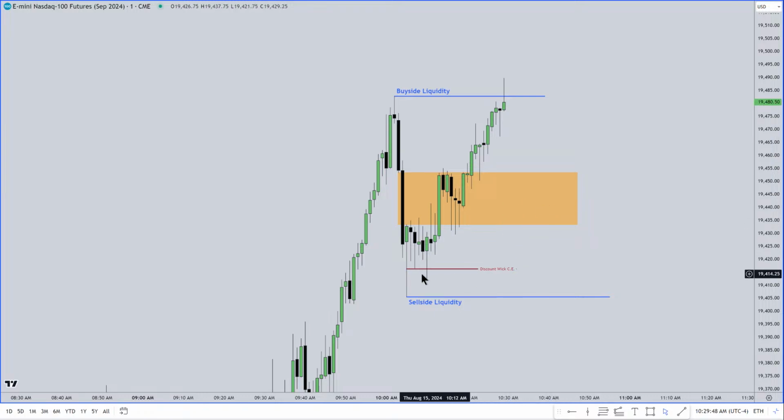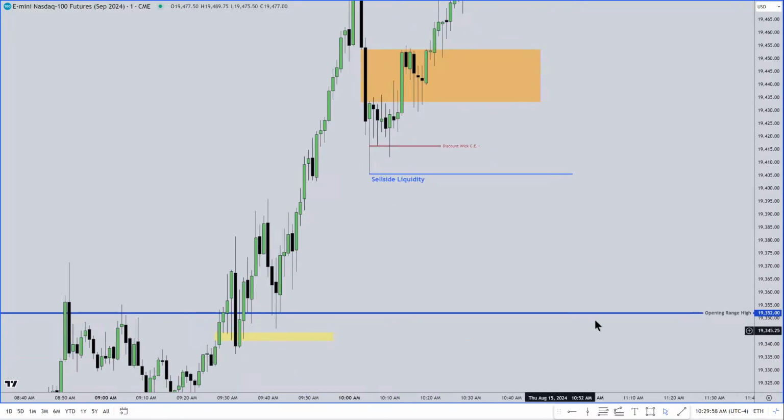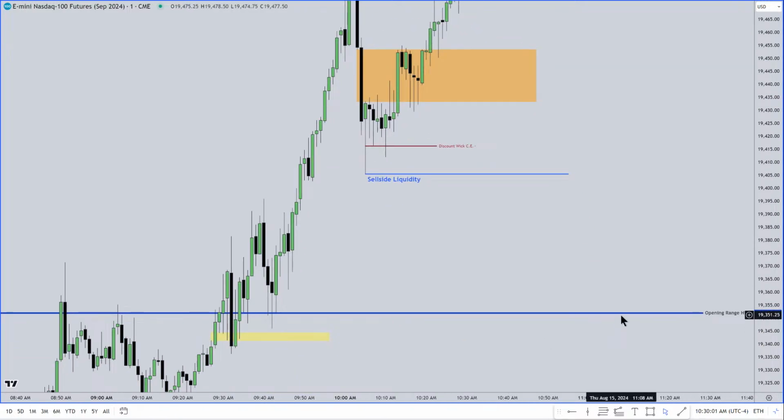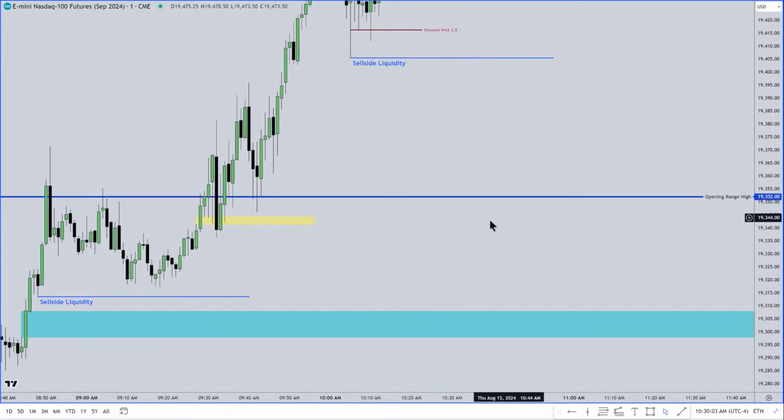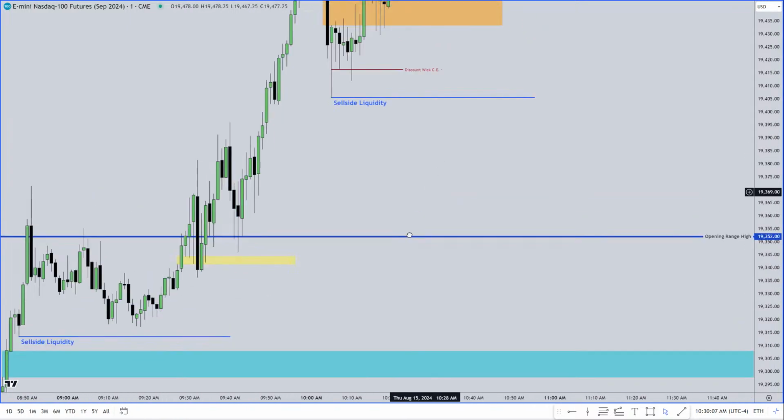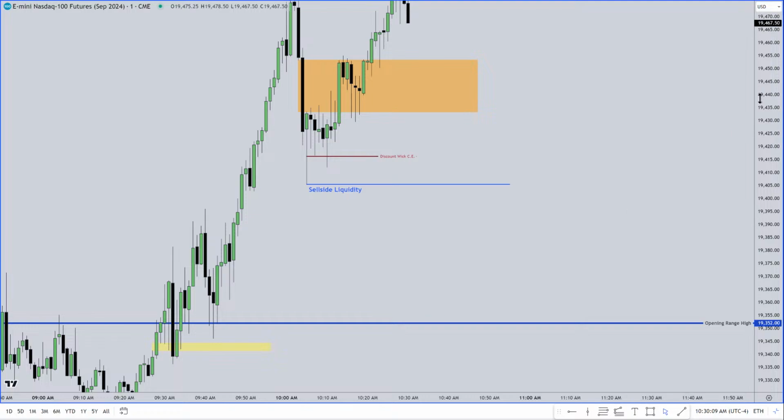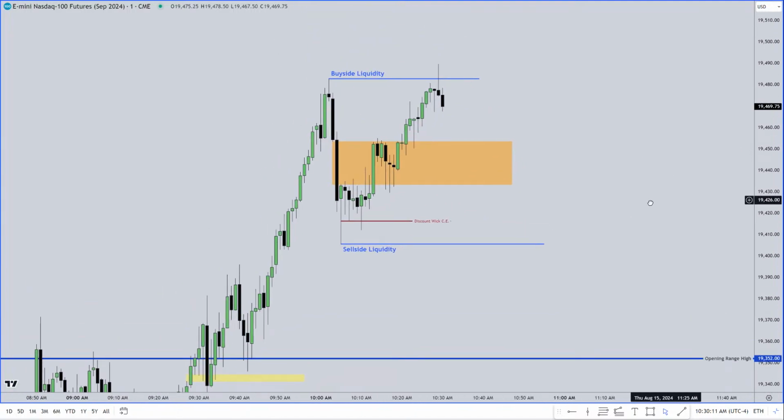Then send us below the consequent encroachment of that wick's midpoint, and then accelerate with large candles below here, trading back down into the opening range gap high. And if it wants to accelerate through that into the afternoon, then there's liquidity there. And it can still go higher after that. Just know that that's what I would expect.